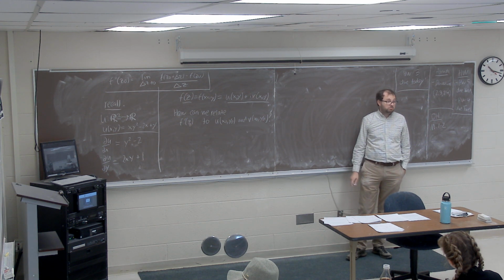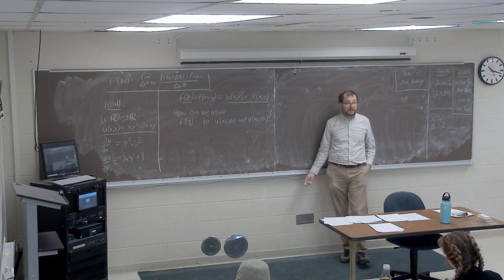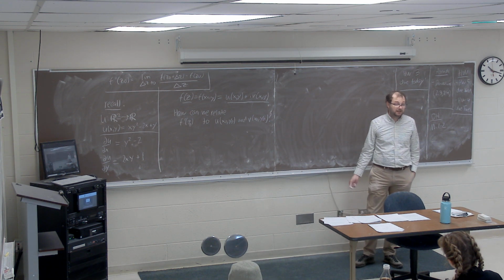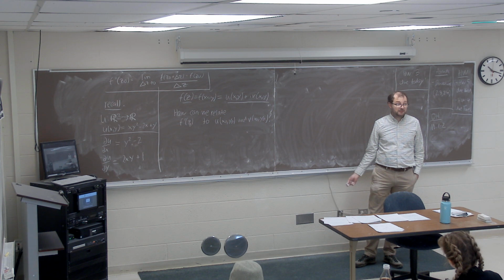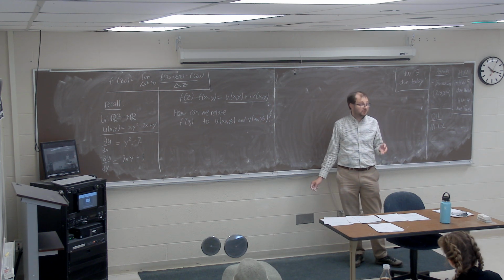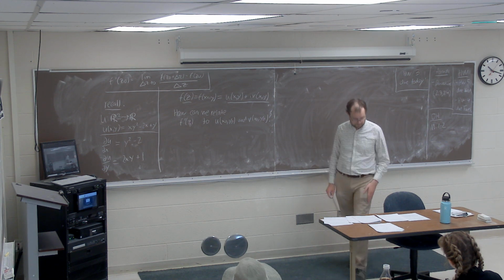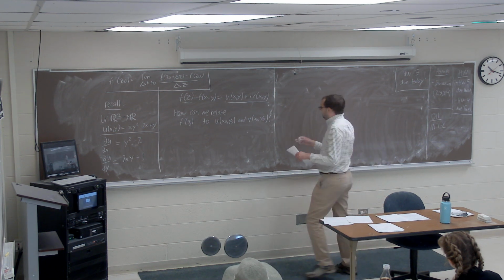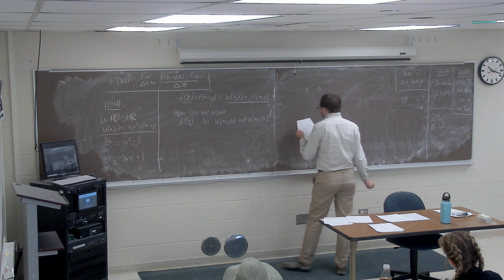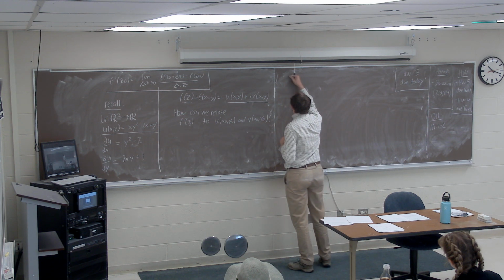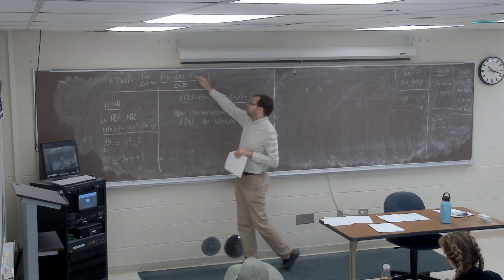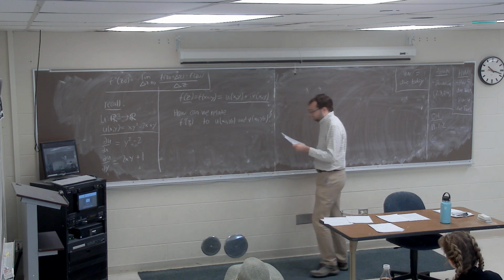So we're going to do something like what we did in the first part of class where we were looking at the complex conjugate of z. We're going to take a limit as delta z goes to 0 horizontally and vertically, just to see what we can find. So we're given this formula here for f prime of z naught.